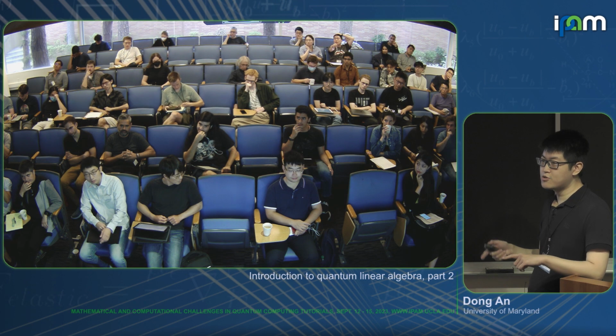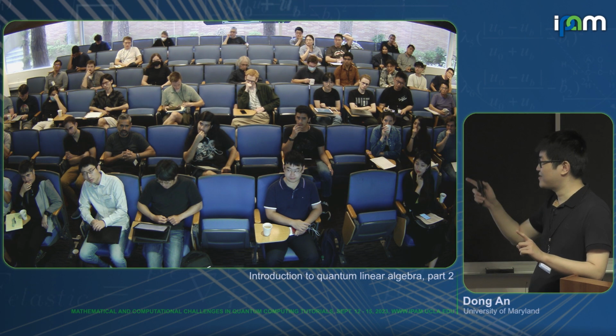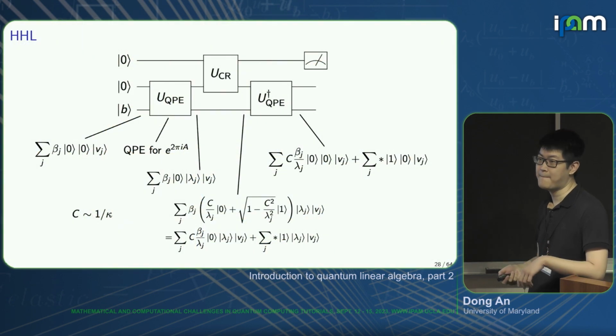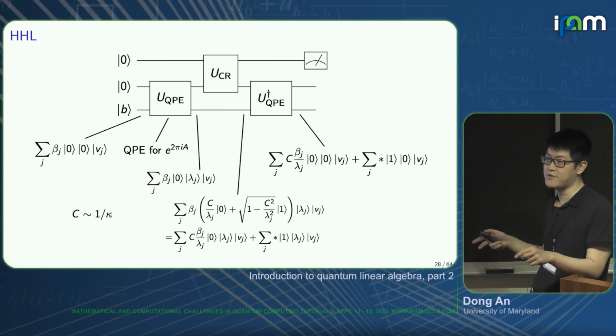Oh, C, you can just choose it on your own. So you can just fix this to be, let's say, 1/2 kappa or something like that. If you ignore this factor C, then the remaining part is exactly the unnormalized solution, which means that the probability of success will be related to the actual norm of your solution, right?